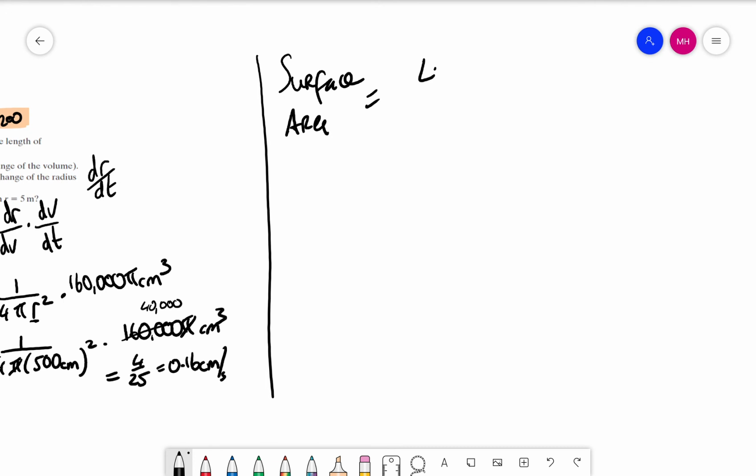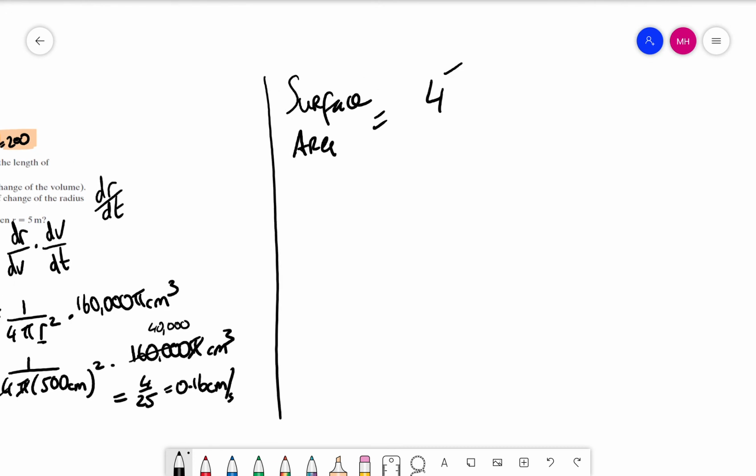It's equal to 4 pi r squared. So that's area. So we would differentiate that. We're going to find the rate of change of area with respect to radius. So you're getting 8 pi r. What we need to find is the area with respect to time, not to radius. So we're trying to find dA/dt.